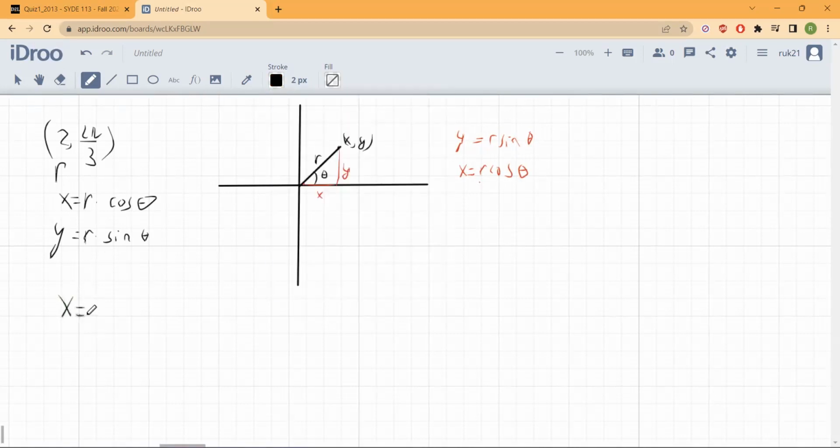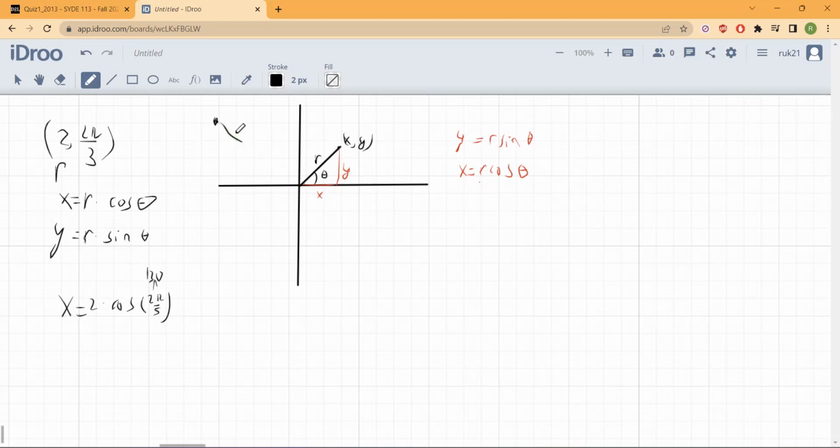So x equals 2 times cosine of 2 pi over 3. And so 2 pi over 3 is 120 degrees. So 120 degrees lies in my second quadrant right over here, where cosine is negative. So we know it's going to be negative.